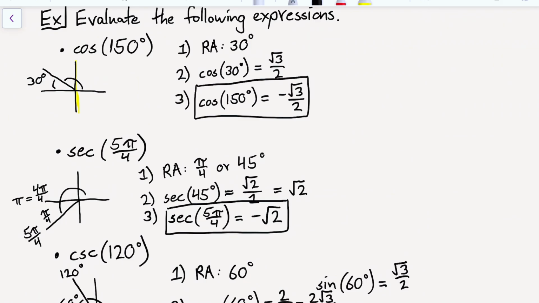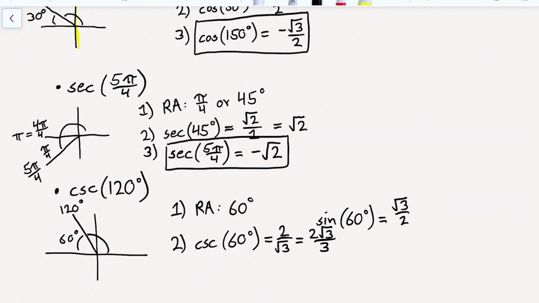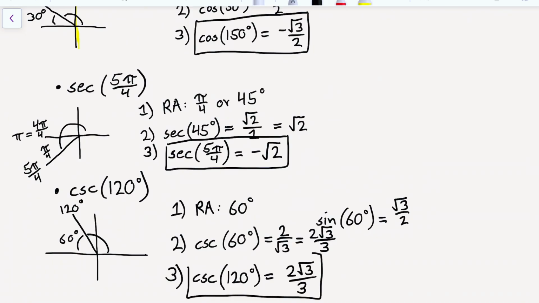I would rationalize this, and it's more common to refer to this as 2 root 3 over 3. Third, determine the sign. Cosecant is based on sine, and in quadrant 2, sine is positive. So cosecant of the original angle in quadrant 2 is positive 2 root 3 over 3.